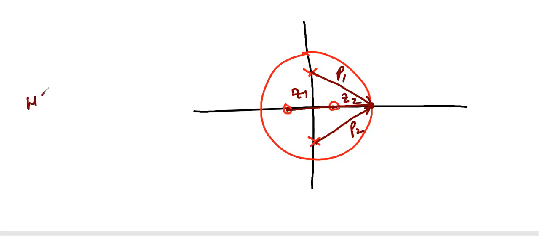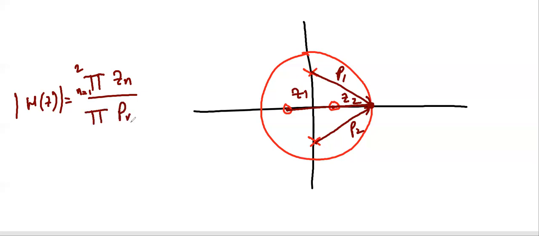So the magnitude response is written as the multiplication of the Z's, where Zn, n is from 1 to 2 because we have 2 values, divided by the multiplication of the Pn's, where n equals 1 to 2.